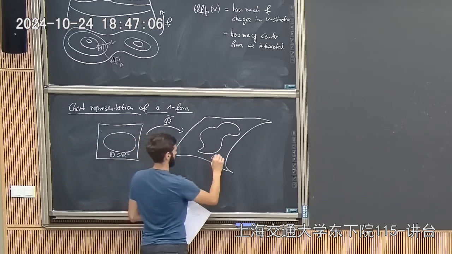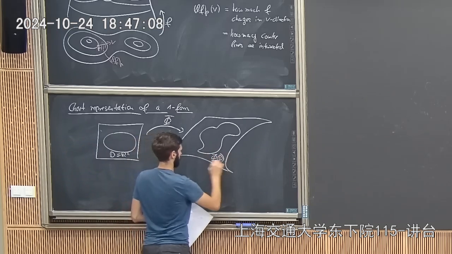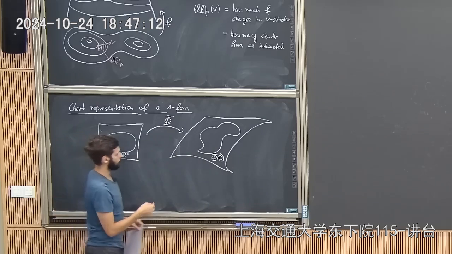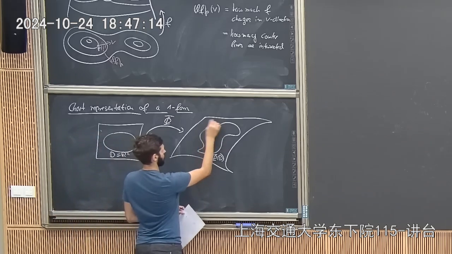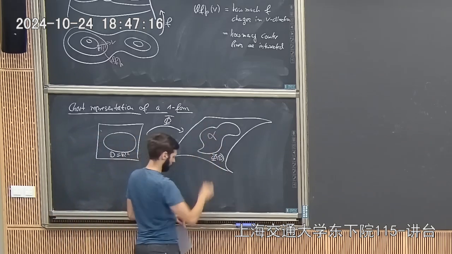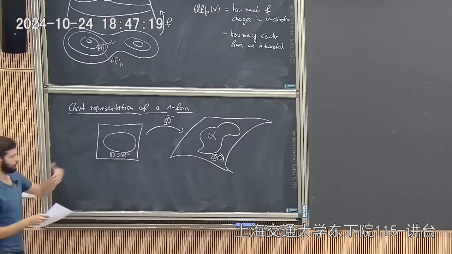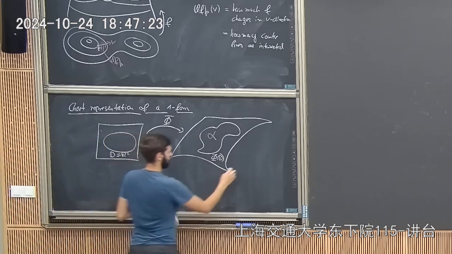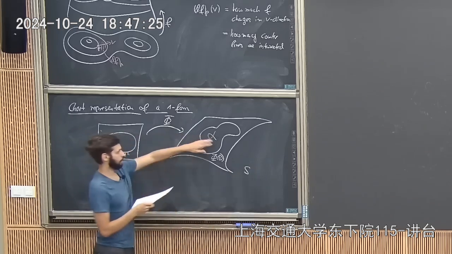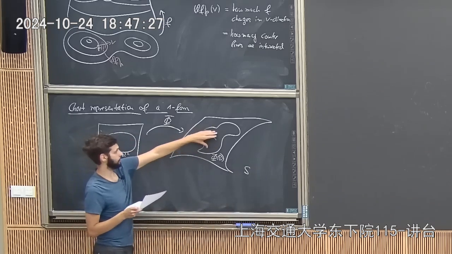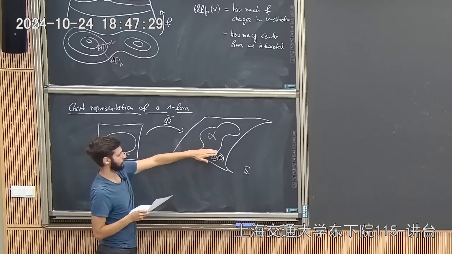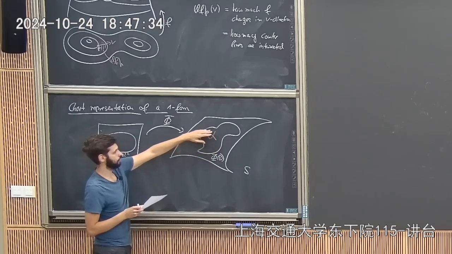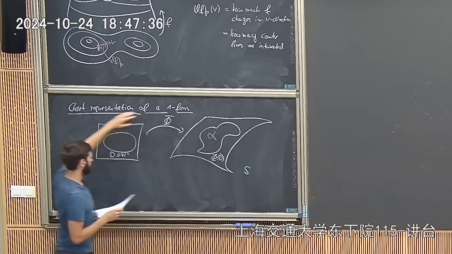And over here we have alpha, which is a differential one form that lives on the surface S. And we would like to understand that guy. That's something that maybe someone gave you a certain definition of, and you would like to understand that.